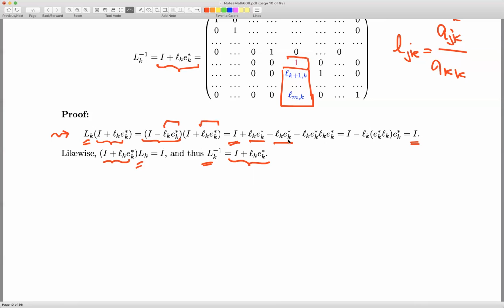And we have to be careful that matrix multiplication is not commutative. So we have to write exactly the order in which these factors appear. So first L_K, then E_K star, then L_K, and then again E_K star. Clearly, those are two matrices with opposite entries, so we cancel them out. And we use the fact that multiplication of matrices is associative.